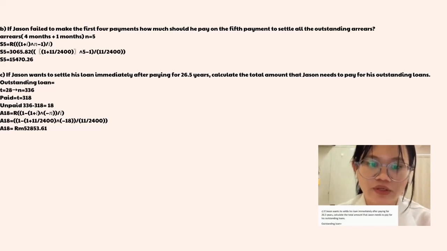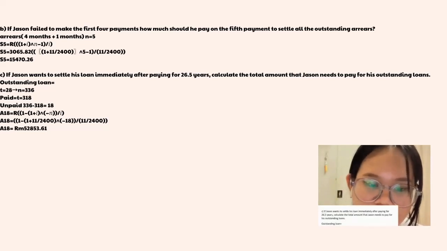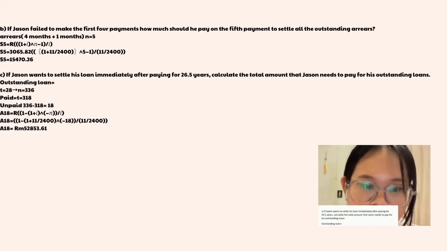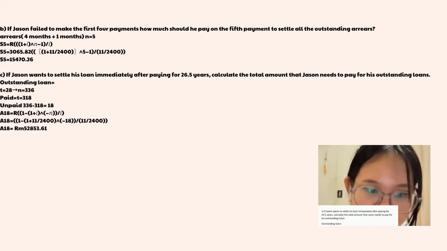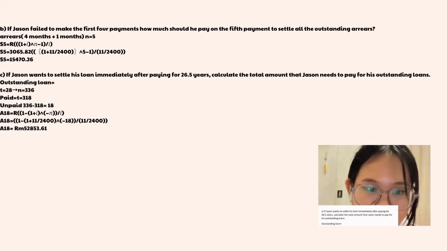C. If Jacyln wants to settle his loan immediately after paying for 26.5 years, calculate the total amount that Jacyln needs to pay for his outstanding loans. Outstanding loan equal T equal 28, N equal 336. For the paid, T equal 318. For the unpaid one, 336 minus with 318, which is 18. A18 equal to R, open bracket, 1 minus, open bracket, 1 plus I, close bracket, power negative n over I, close bracket.